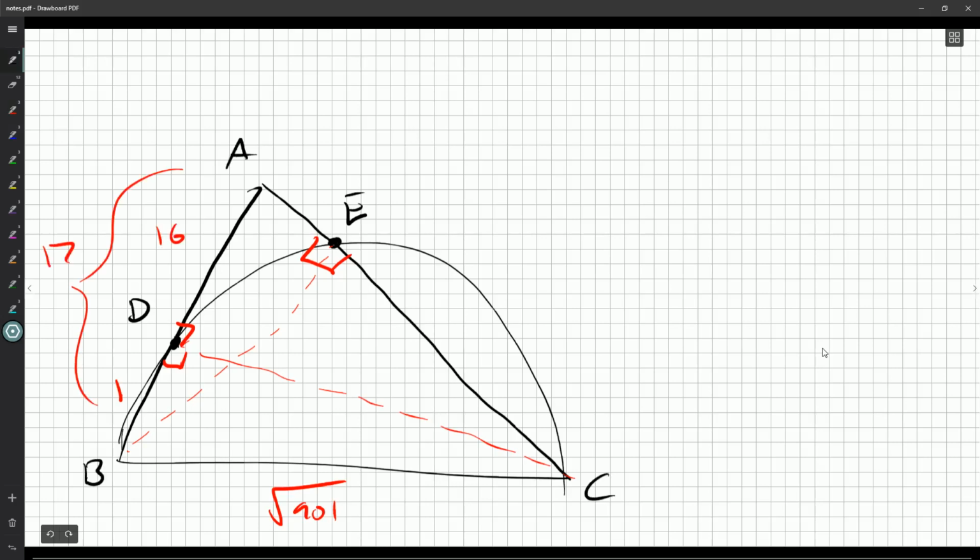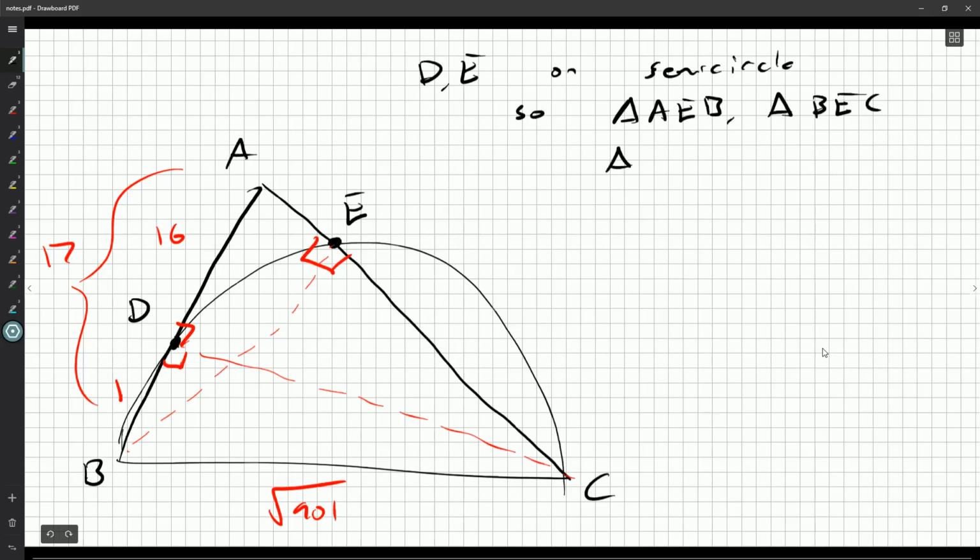Okay, so with D and E on the semicircle, AEB, BEC, BCD, and CEB are right angled.